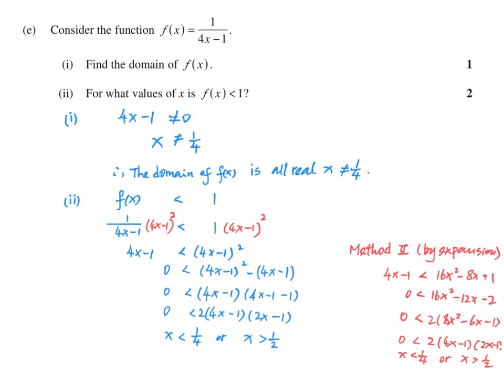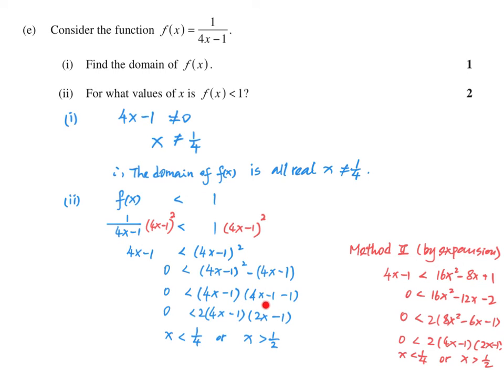So now I subtract 4x minus 1 from both sides. Therefore the left hand side, 4x minus 1 minus 4x minus 1, is exactly the same, so it becomes 0. On the right hand side, you have this minus 4x minus 1, so factorize it out. For the first term, since we have two 4x minus 1 multiplied together, when you factorize one out, you still have one left.